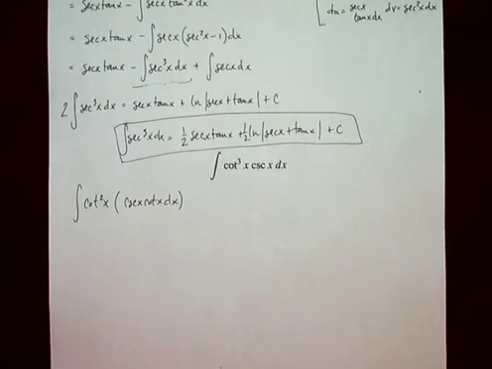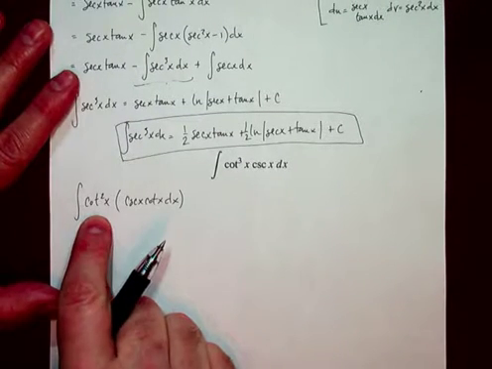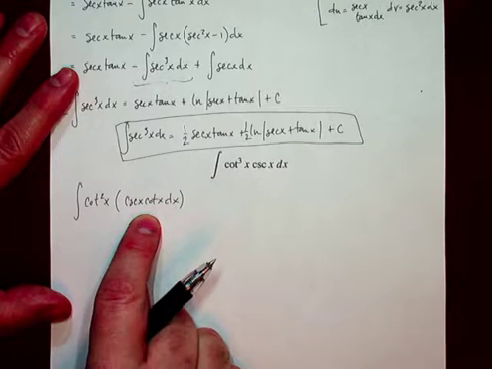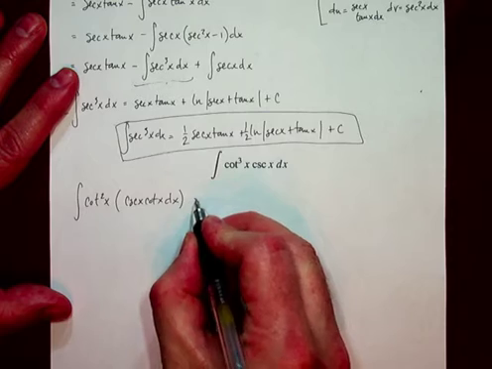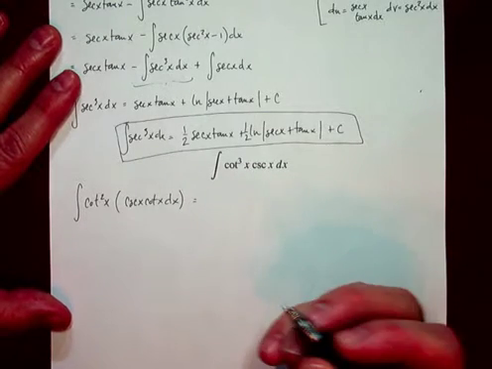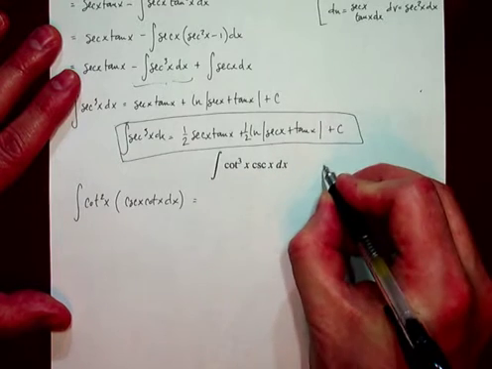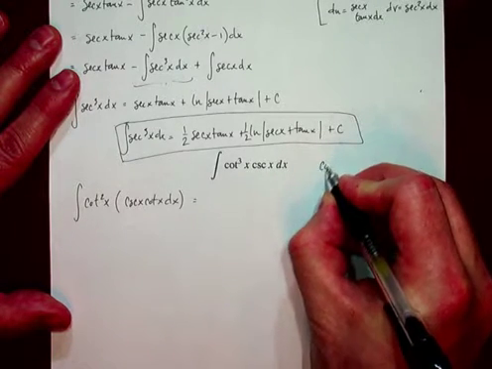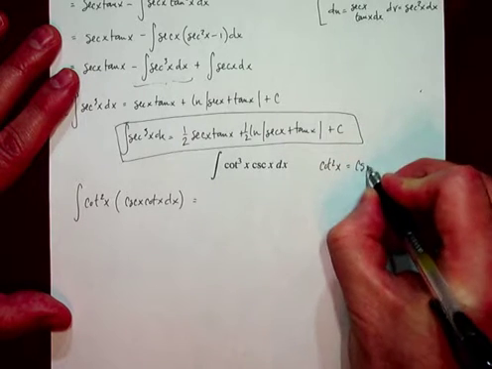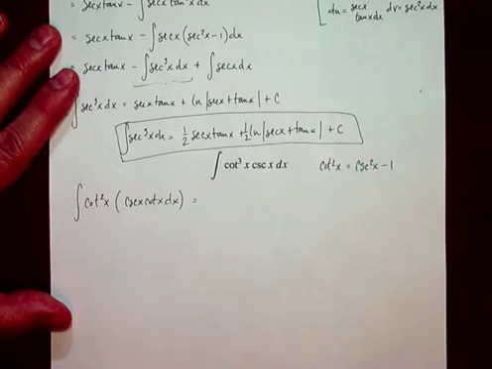And you're thinking to yourself, yeah, but if cotangent's my u, then that's not my du. Okay, well spotted. But the thing is that cotangent squared can easily be turned into cosecant squared minus 1, right? For those of you that don't remember, cotangent squared x is equal to cosecant squared x minus 1.